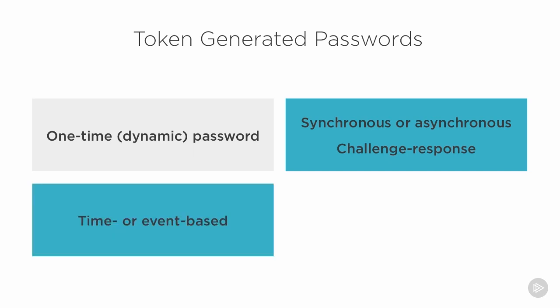Some of the tokens out there are based on time, and every couple of moments they will change the token value. Whereas other times it can be based on events. Every time a person tries to log in, they would have to press a button, for example, on the token, which would generate the next value on that token in whatever sequence it was using.